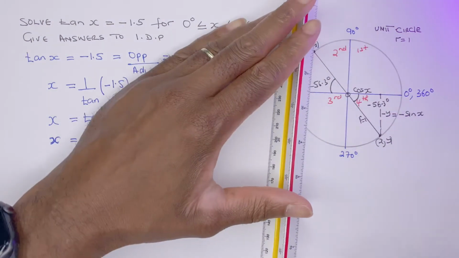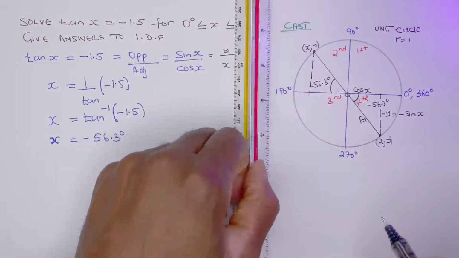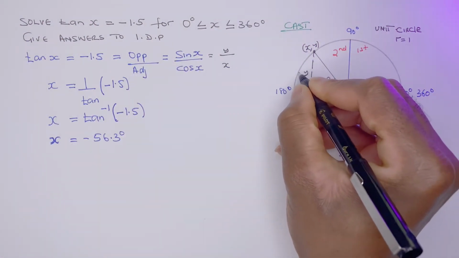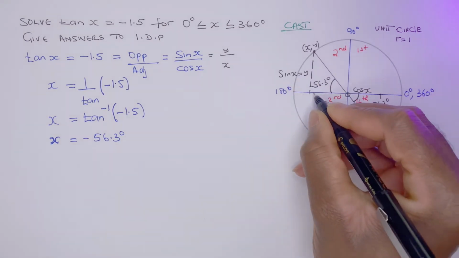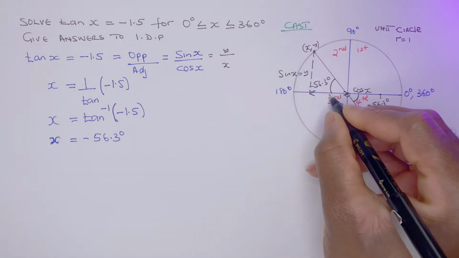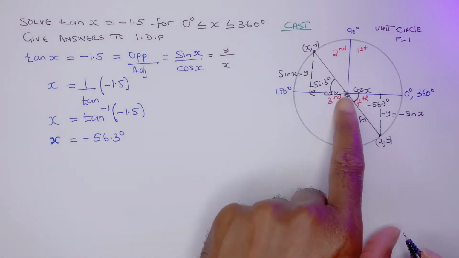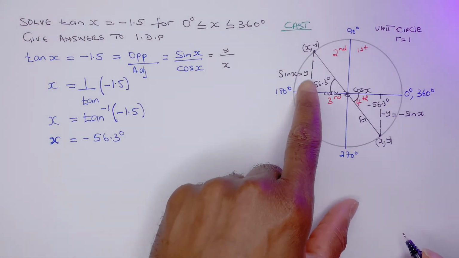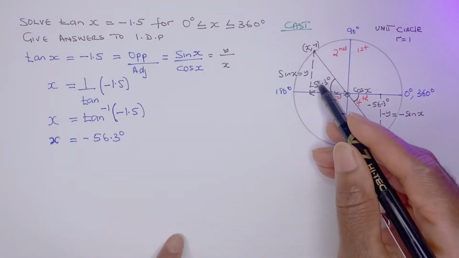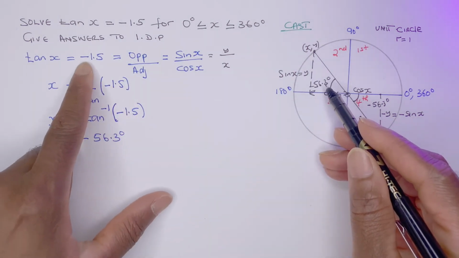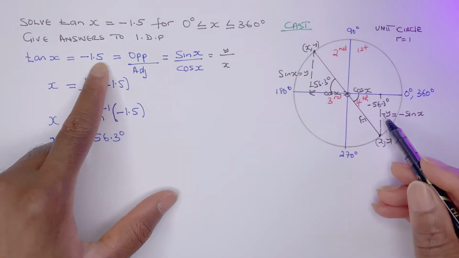So if I project it down, this will be y, which is sine x, and this distance here will be x, which is cos x. Again, cos is negative and y is positive. So positive over negative, we need this angle because we're looking for minus 1.5.